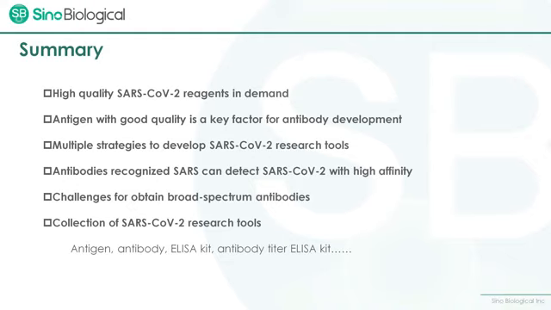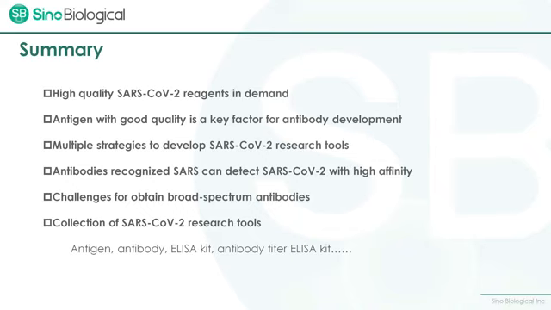We use several strategies for developing SARS-CoV-2 research tools, especially for antibody development. With the first and second strategies, we successfully got SARS-CoV-2 antibodies from the original SARS antibodies or the SARS antibody libraries. Those antibodies show very high affinity for binding to the antigen.